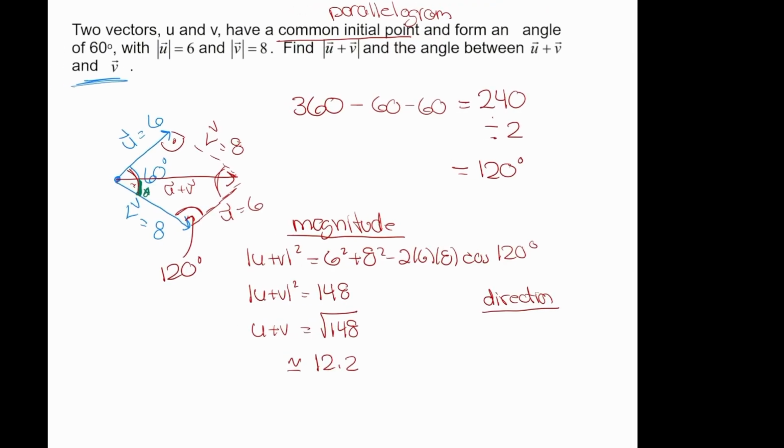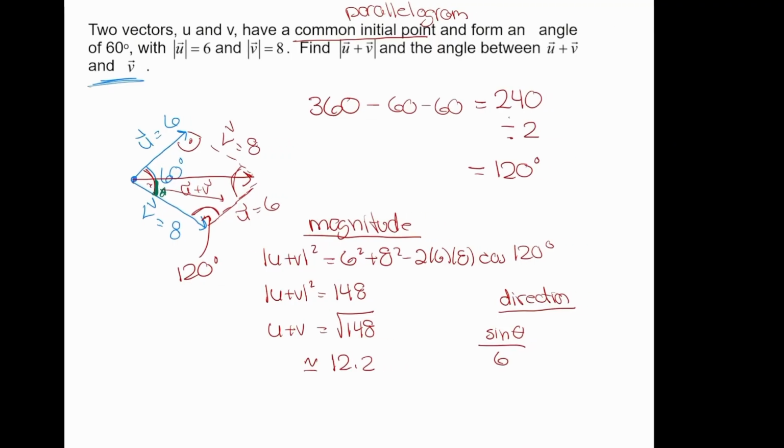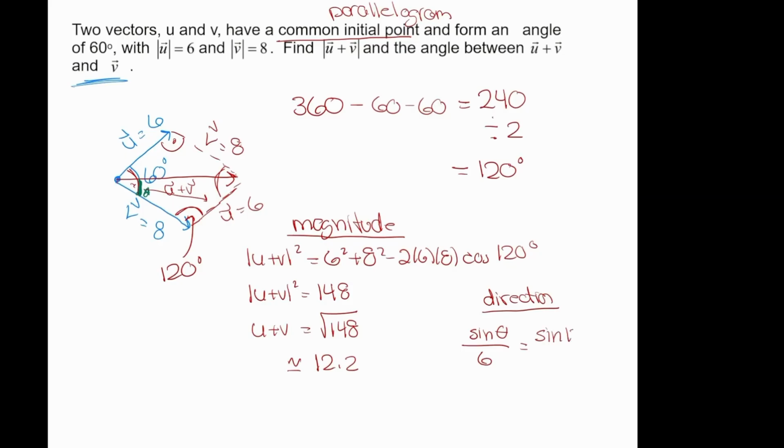So if I want to know the direction of that, I'm going to use my sine law. So sine of my unknown angle over 6, because that is the side that's opposite there, will equal sine of 120 all over my u plus v, which in this case was the root of 148.